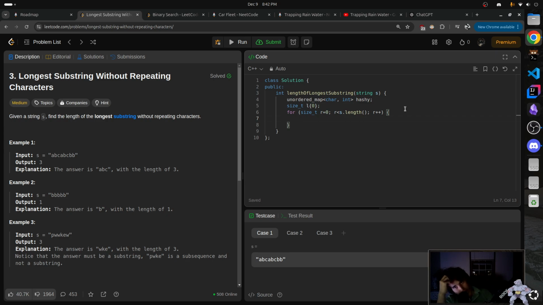Basically, we'll do, okay, char c is equal to s at spot r.